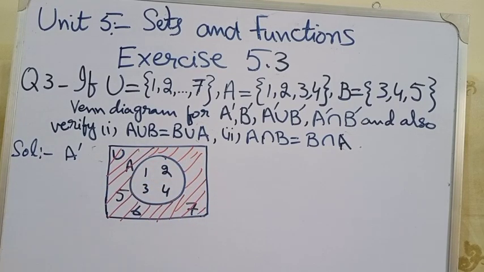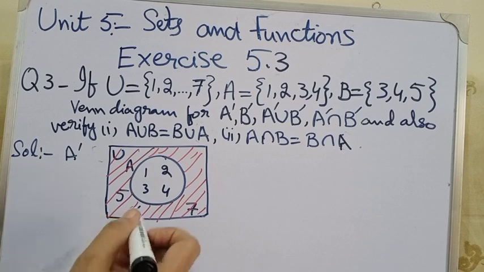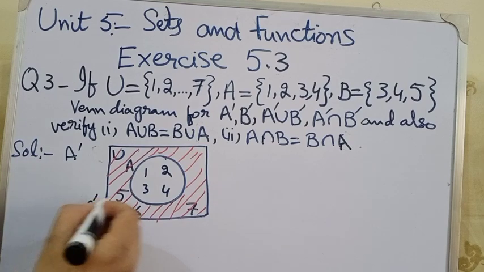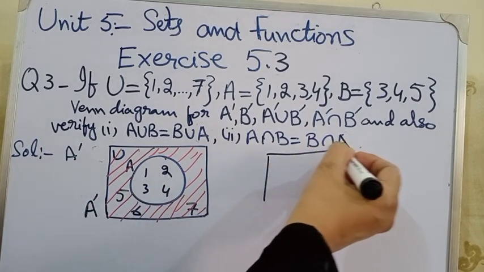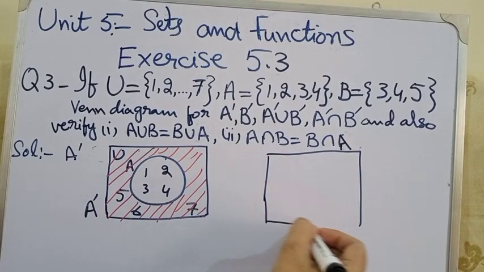We can say that A complement contains 5, 6 and 7, these three elements. And next we have to find B complement.